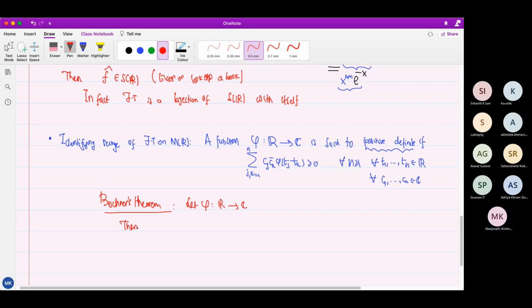Then phi is equal to mu hat for some mu in M of R, if and only if phi is continuous and positive definite.